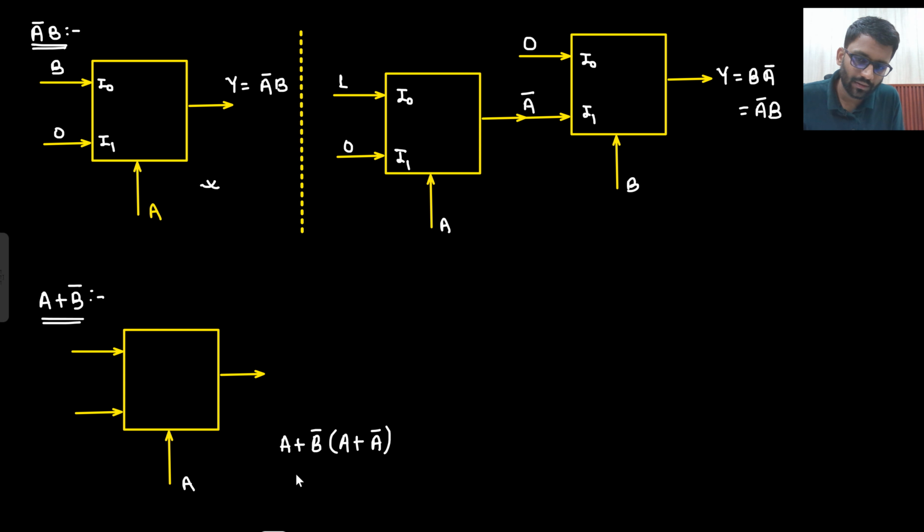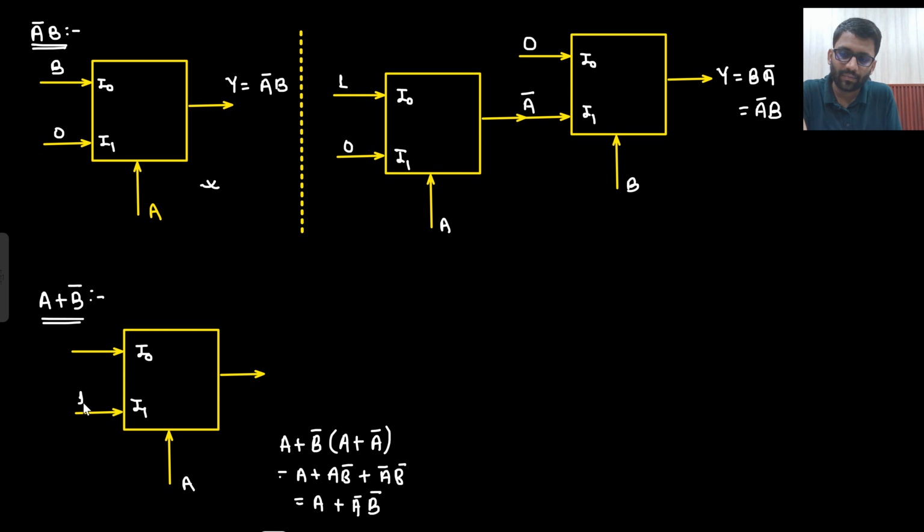A plus A bar: A plus AB bar plus A bar B bar. This is A plus A bar B bar. So now I know with A what will come: 1 will come. This is I0, this is I1. So with A, 1 will come, and with A bar, B bar will come.